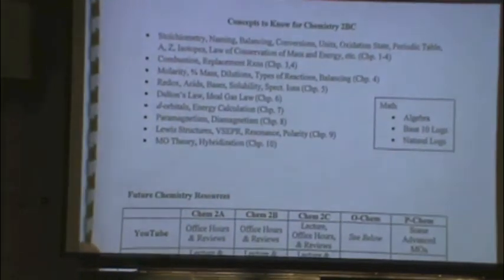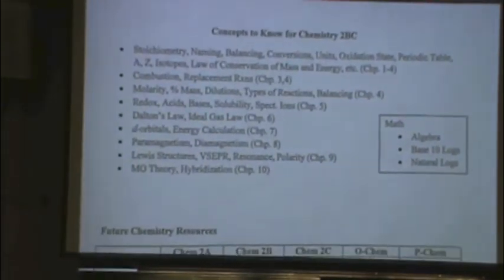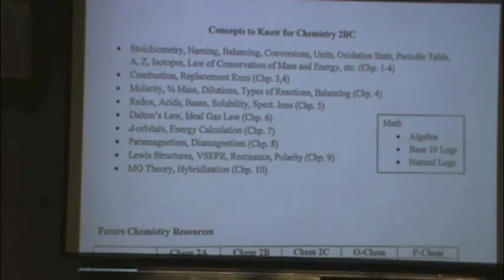All right. Now, I guess since I'm holding the reader, let me just get this out of the way. On the last page, page 112 of the reader, I made a list for you. People often ask me, what should I know for Chem 2B?